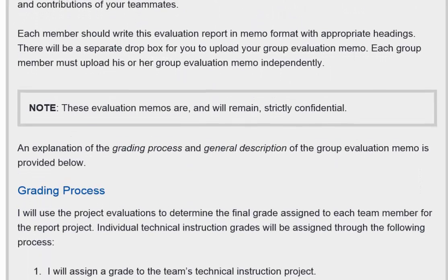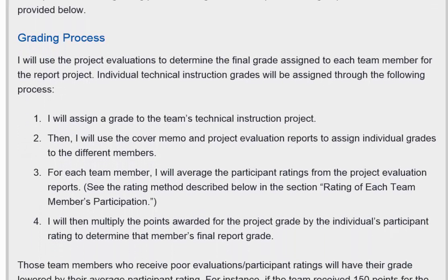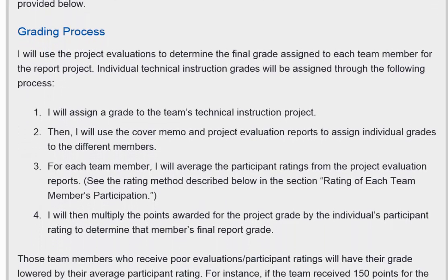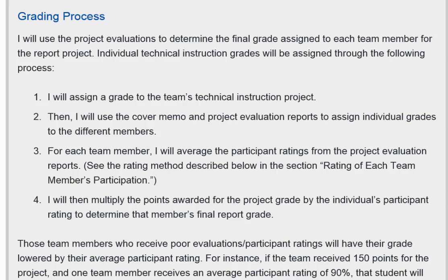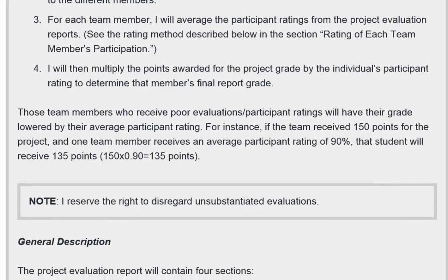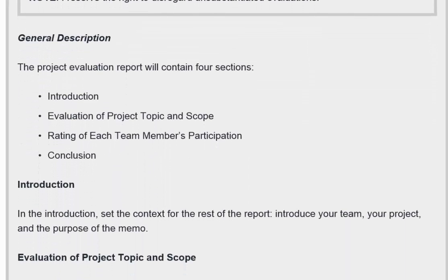There are detailed instructions regarding the instructions themselves and the group evaluation memo in the assignment instructions. And I describe my grading process for this group project. So please do read the assignment instructions themselves. As always, let me know if you have any questions.